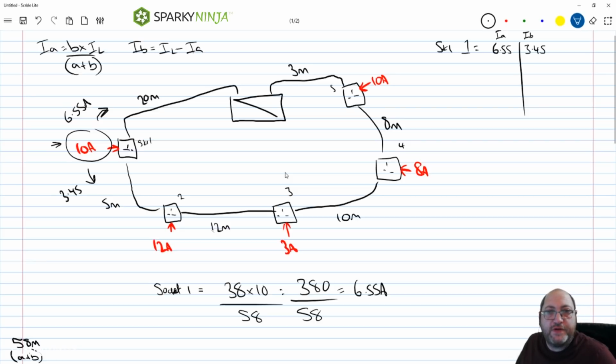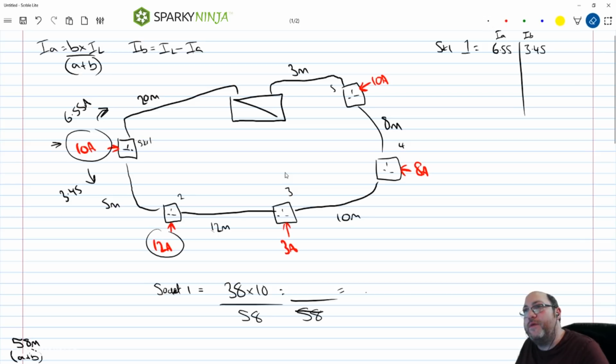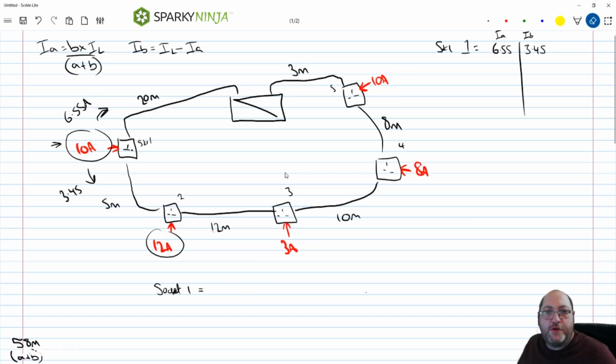Let's now go to socket 2, 12 amp. So before I confuse the issue, we'll delete that working out. I do wish that eraser would stay on. We'll just do socket 2 next. So socket 2 is equal to, well, in this case, B has been shrunk because it's not that 5 meters anymore. So B is going to be 12, 22, 33 meters times the IL of 12 amp plugged into it over the overall length of 58 meters.